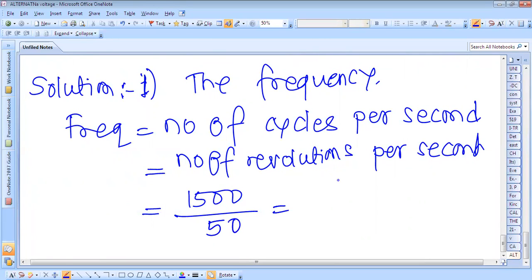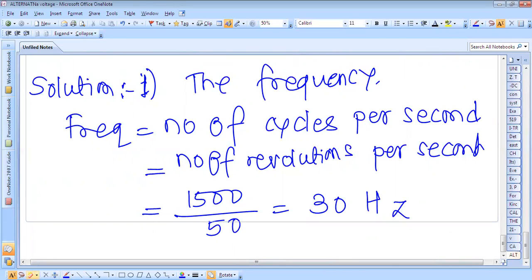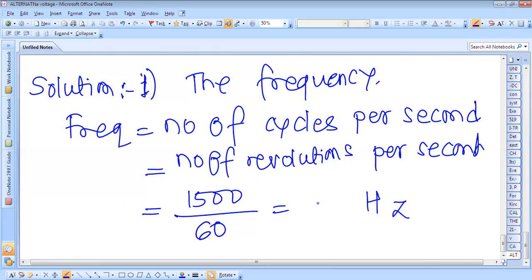Sorry, here it should be per second, so it is 60 seconds. So it is 25 hertz.